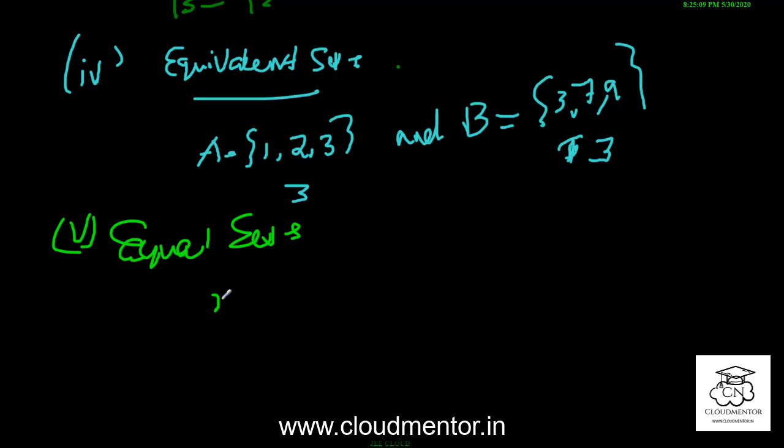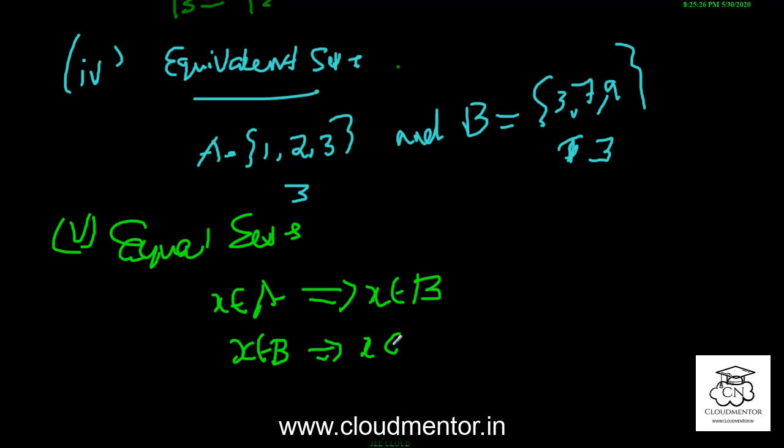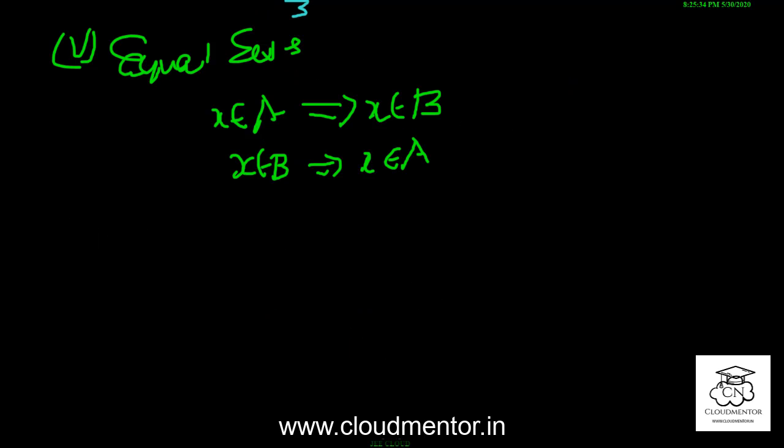Symbolically, if x element of A implies x element of B, and x element of B implies x element of A, then we can say A and B are equal sets.